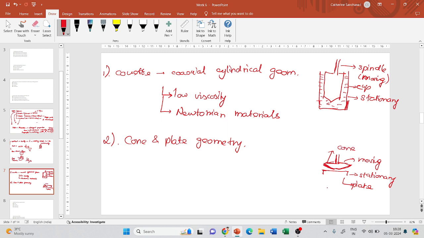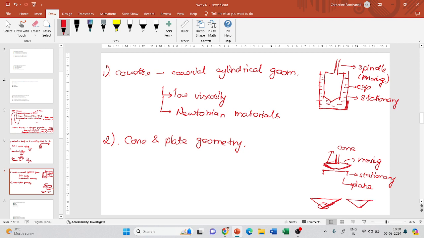What do I mean by truncated cone? You know the shape of a cone, right? It has to be like this. But because this tip might coincide with this plate and cause friction issues, they have truncated this edge like this.